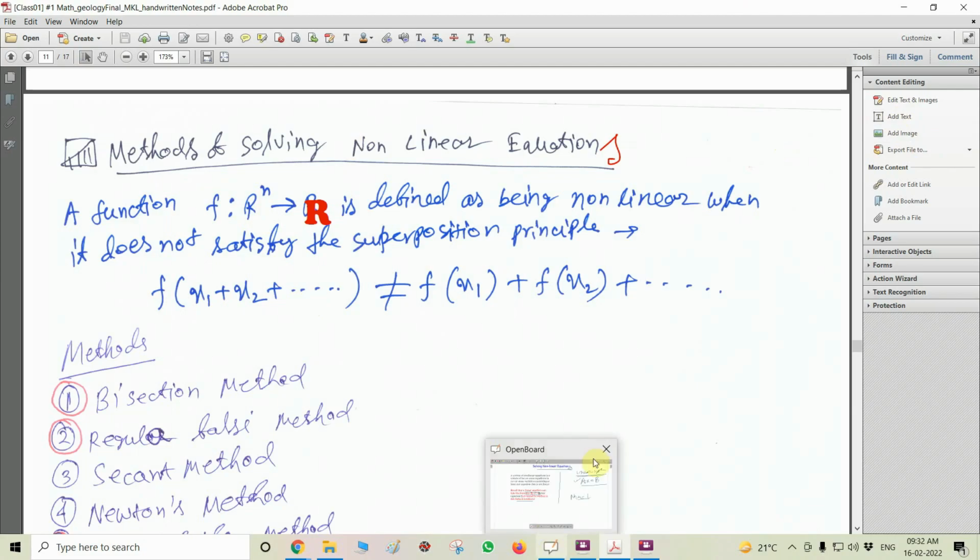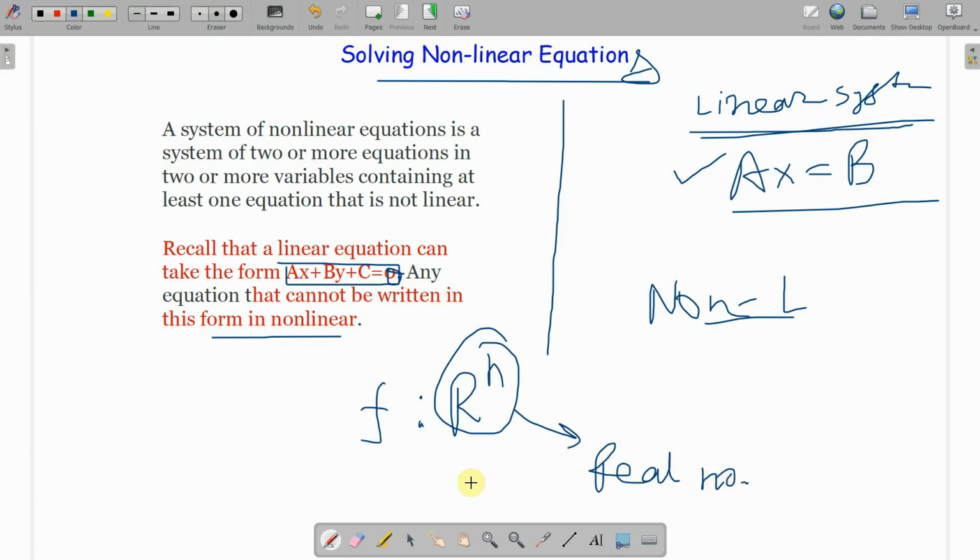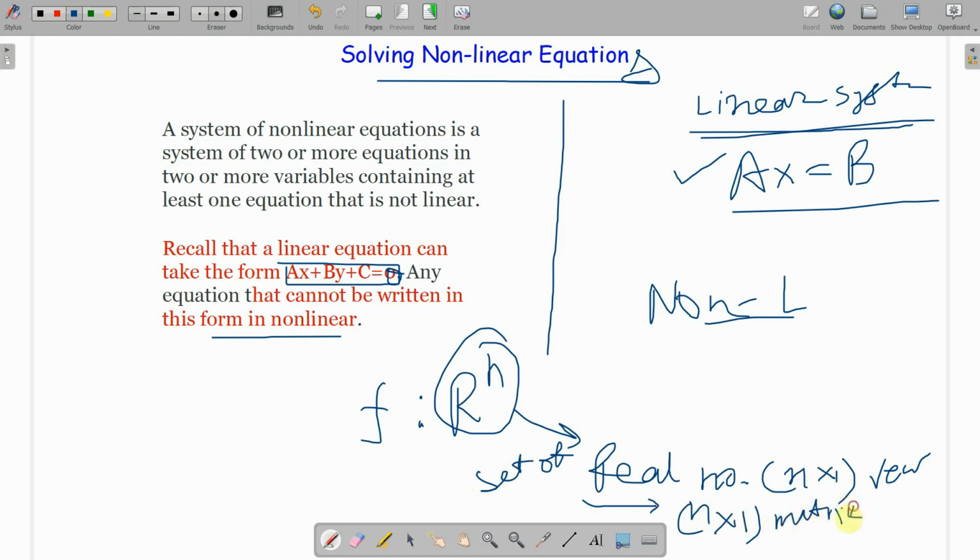So when I'm talking about R to the power n, it is a set of real n cross 1 vectors, a matrix consisting of n cross 1. And what does the other R mean?